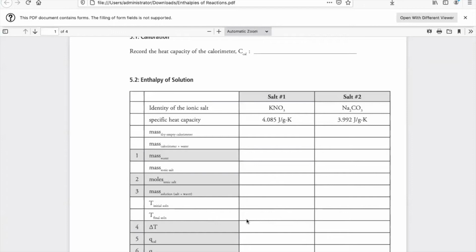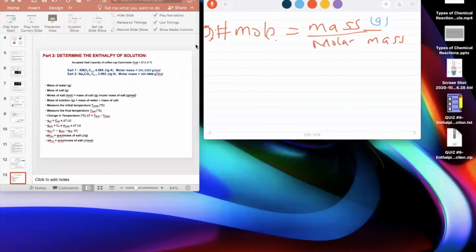So for line 4, you have to find the change in temperature. This is T final minus T initial, which means final minus initial.